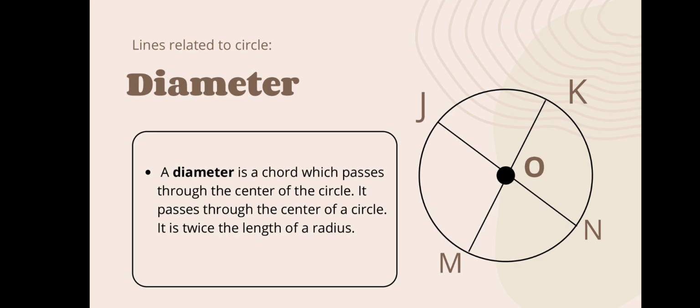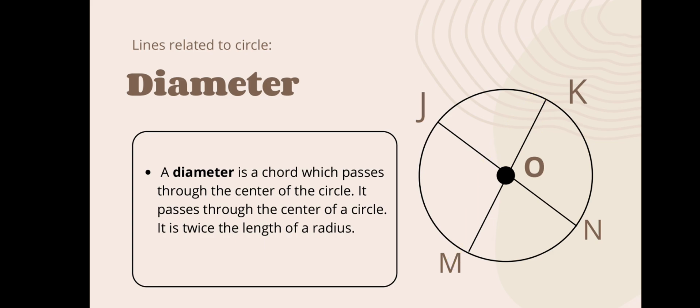Next is the diameter. A diameter is a chord which passes through the center of the circle. It passes through the center of a circle and it is twice the length of a radius. So previously, radius is just like this, and now diameter is twice the length of the radius.